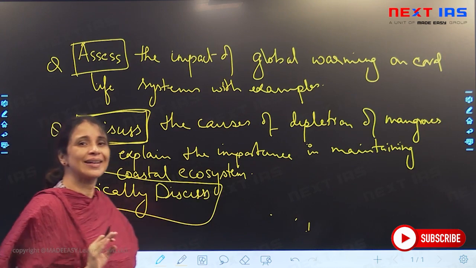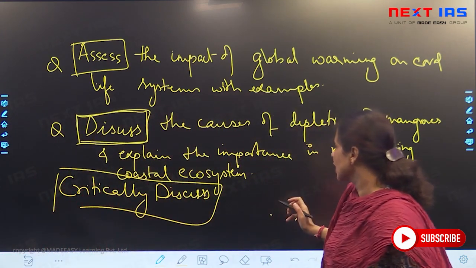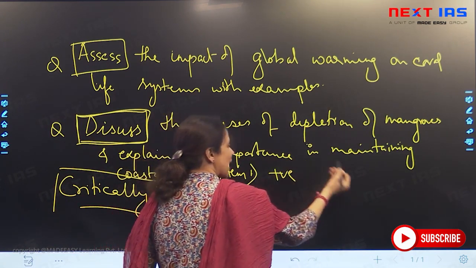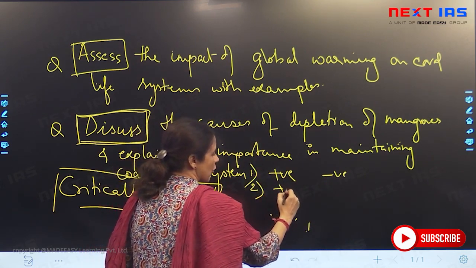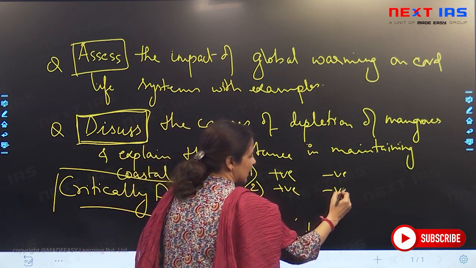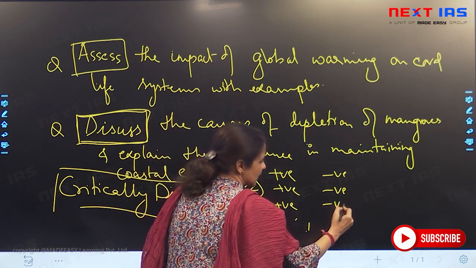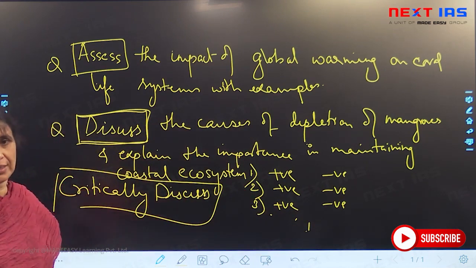So when it is critically discuss, what you could do is, if you are giving number one positive point, simultaneously give its negative also. Number two positive point, simultaneously give its negative also. Number three positive point, simultaneously give its negative also. साथ साथ दोनों के आप critically discuss करते जाओ.